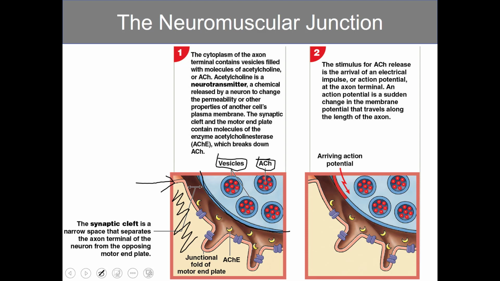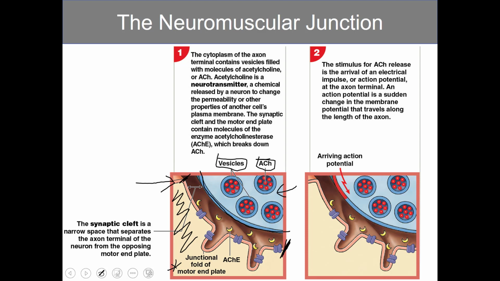The sarcolemma adjacent to the synaptic terminal, the end of the axon, we call the motor end plate. That term was on the previous slide, and here we see it again.